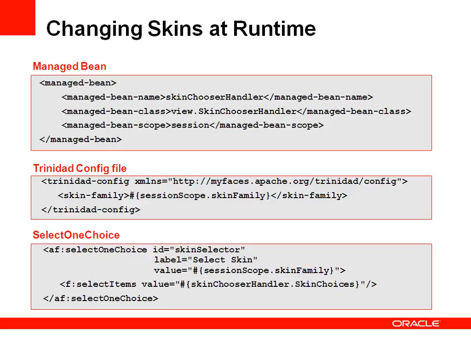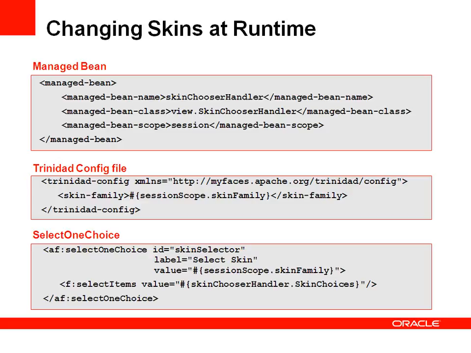If I'm not dependent on the bean to keep the state, then I could just put it into request scope. In my case, it's in session scope. The trinidad configuration file references a session attribute called skin family. In my live example, in my JDeveloper environment, you saw that I did a check for null if the component is null, to avoid getting a simple screen but get a graceful default selection.